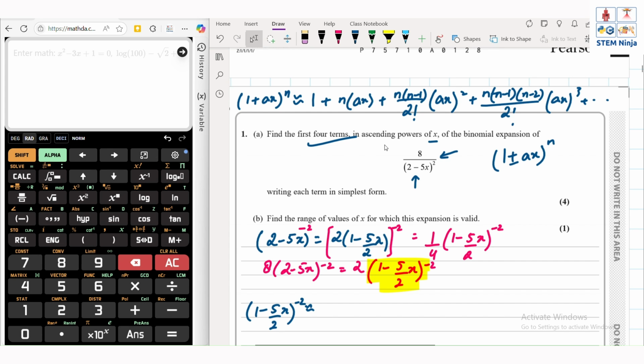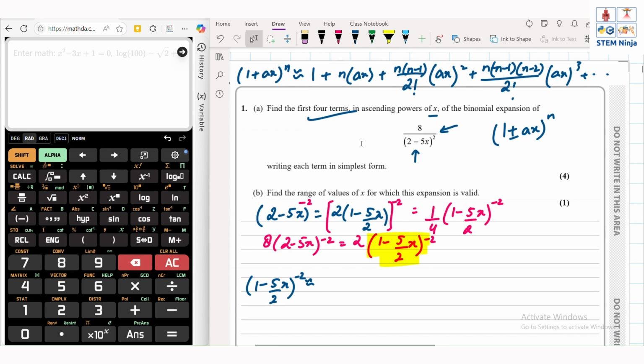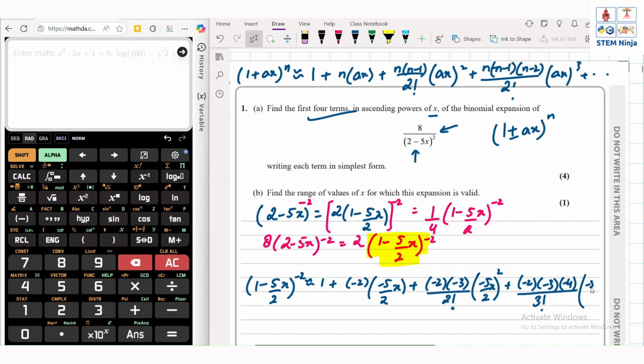So these are the first four terms in the ascending powers of x. So that's what we're going to do. So 1 plus minus 2 times minus 5 over 2x, plus minus 2 times minus 3 divided by 2 factorial times minus 5 over 2x whole squared, plus minus 2 times minus 3 times minus 4 over 3 factorial times minus 5 over 2x cubed.